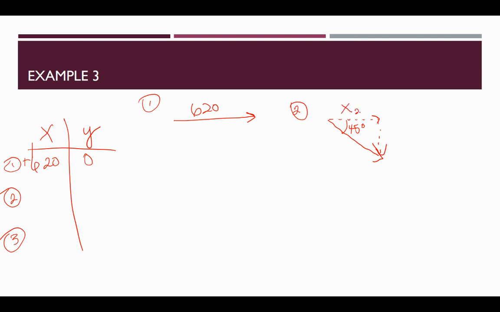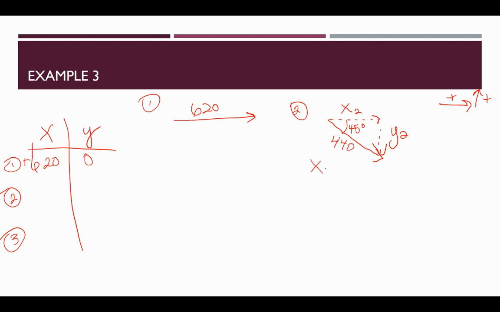So this is my x2 and my y2. Remember that to the right is positive and up is positive as a general rule. But that doesn't have to be the case as long as you know what your result vector is. So my hypotenuse is 440.